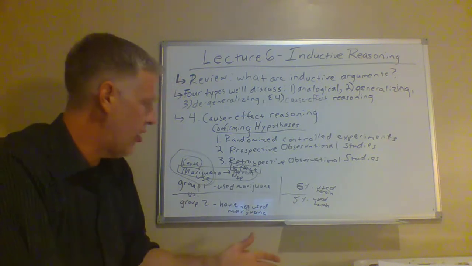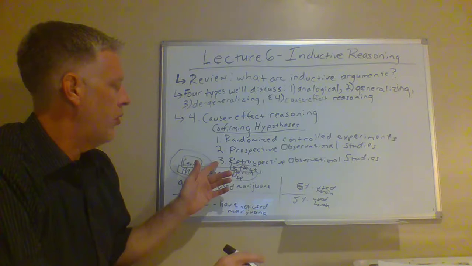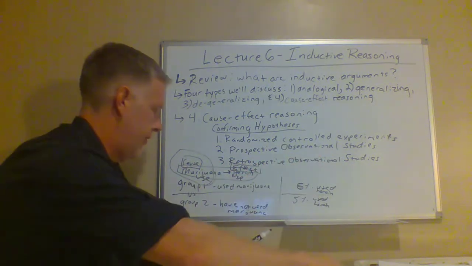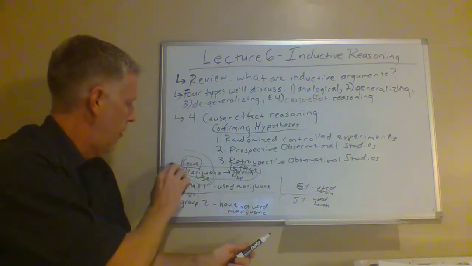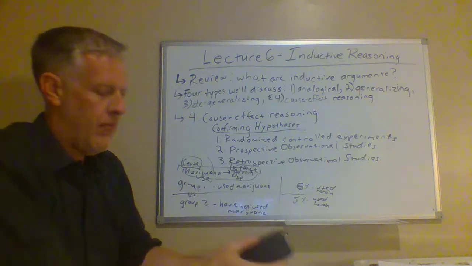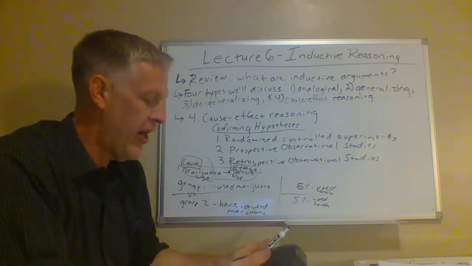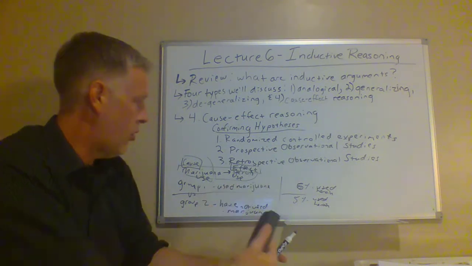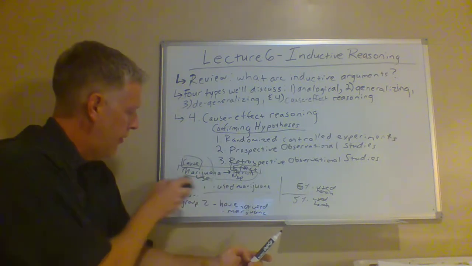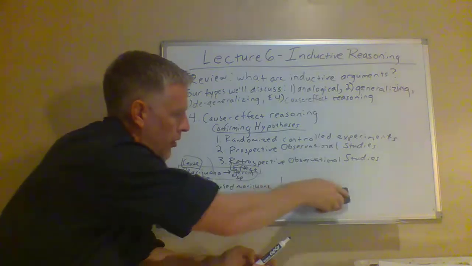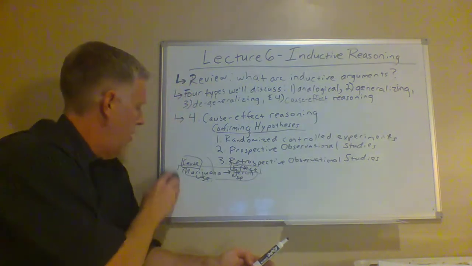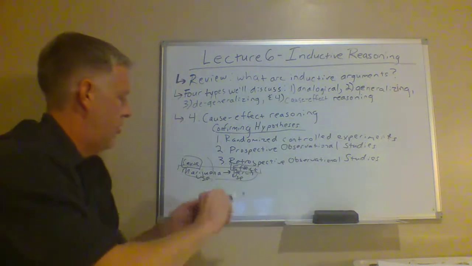So let's turn to slide 28, where we'll talk about retrospective observational studies. This kind of works the other way. You'll also hear them referred to as non-experimental effect to cause studies. So we're working the other way, right? Our groups and our direction will change.